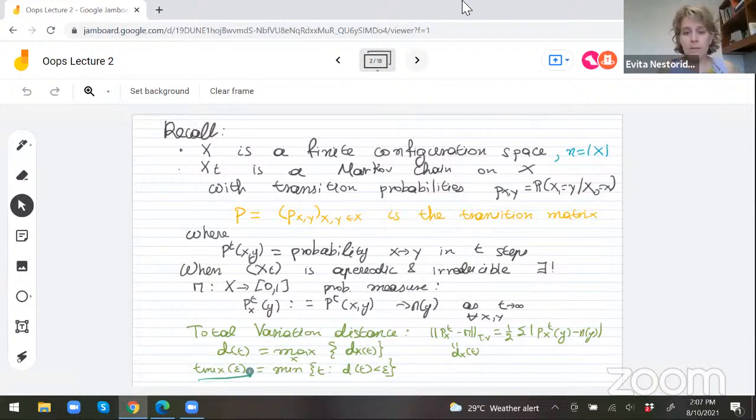And then the mixing time, which is the main question, is: if you give me an epsilon, I should tell you the first time that this total variation distance becomes less than epsilon. Basically, we want to know when we are really close to this stationary measure, and epsilon determines how close. I know this is a quick overview, but we said these things last time.